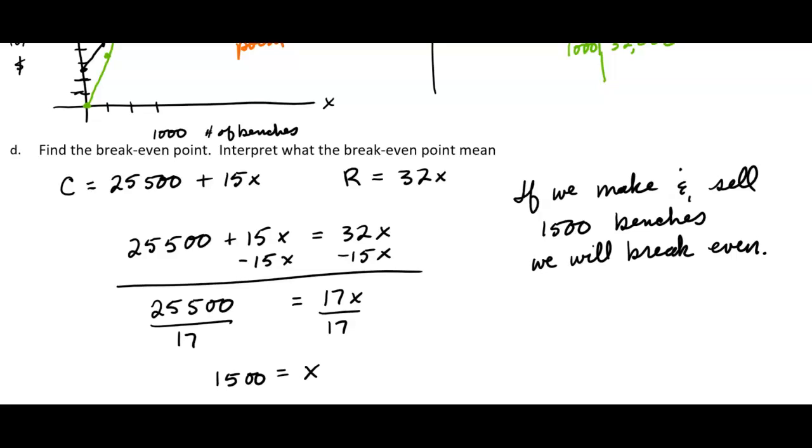I guess you could explain that a little more, but it means that you've covered the costs of making that many benches and the fixed costs. And then if you sold more than 1,500 benches, then you'd start making money. Okay.